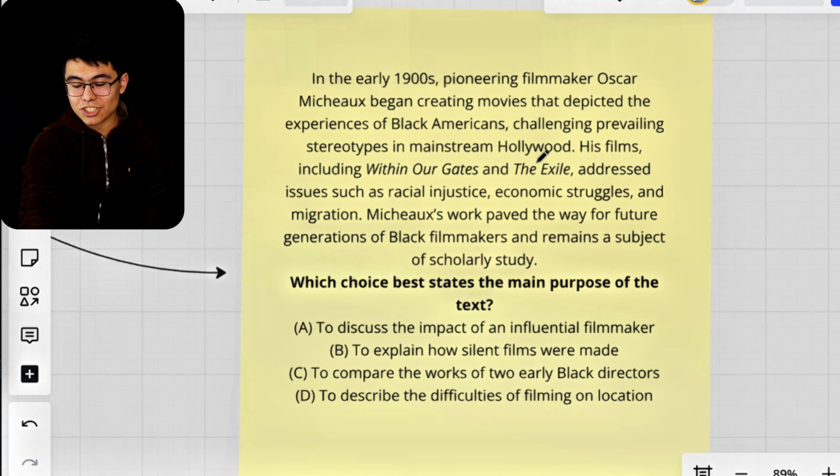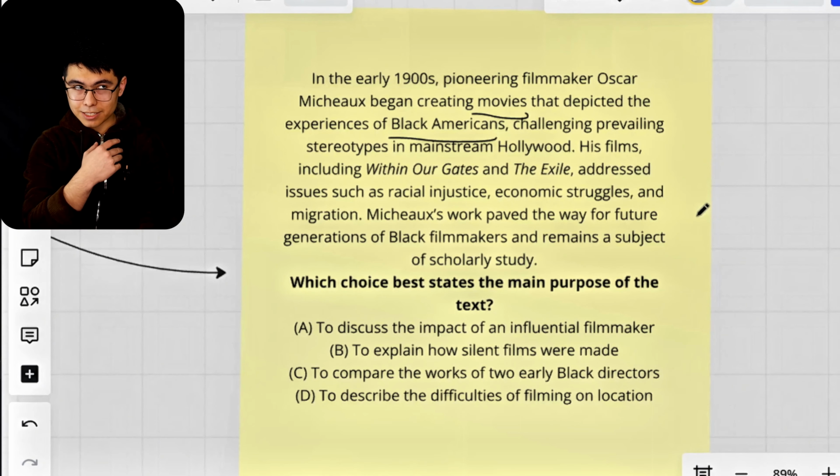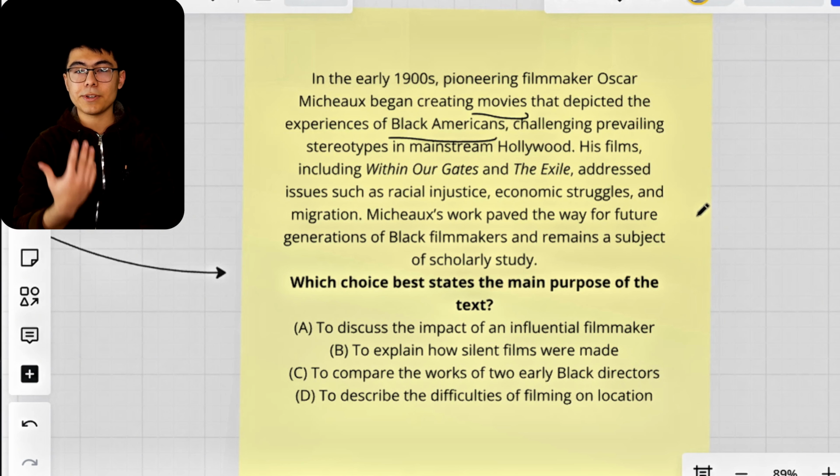Let's read the passage. In the early 1900s, a pioneering filmmaker began creating movies that depicted the experiences of Black Americans, challenging prevailing stereotypes in mainstream Hollywood. So there is a filmmaker, and he makes movies to show the experiences of Black Americans. His films addressed issues.